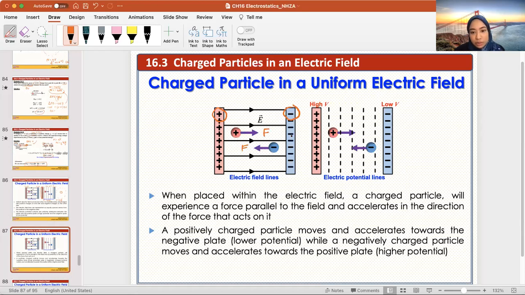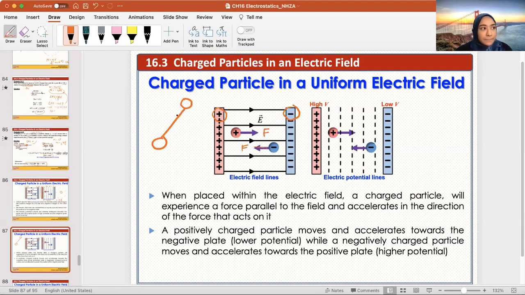Positive is attracted to negative, so your force is to the right, in the same direction as your E. And this one is attracted to positive, so the force is in the opposite direction of the electric field applied by the ruler. So it's different from the one that we talked about, where I said your E is in the same direction as F, which was a different case.